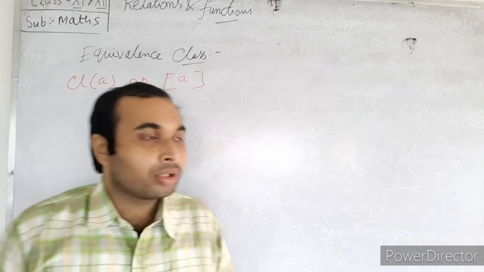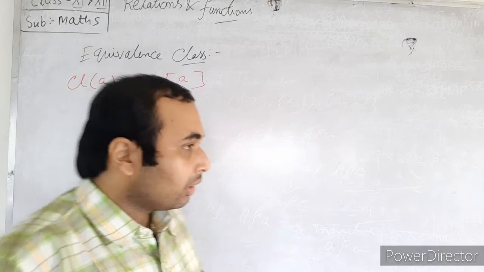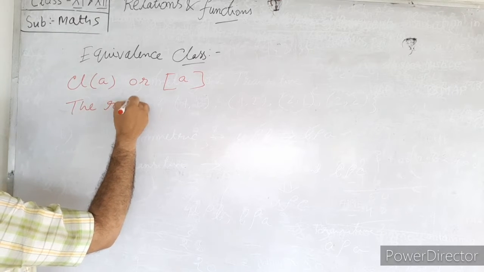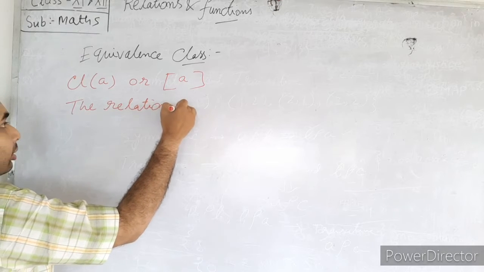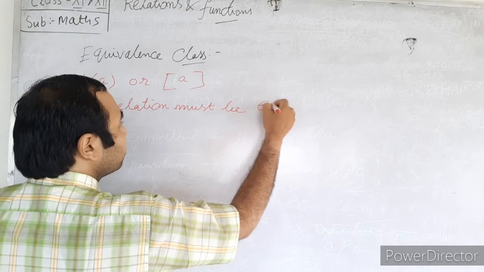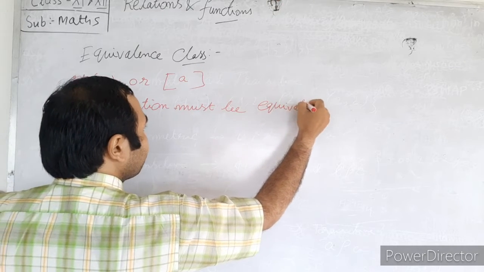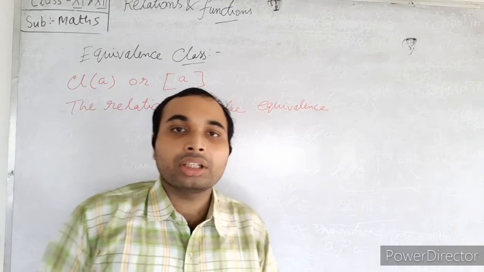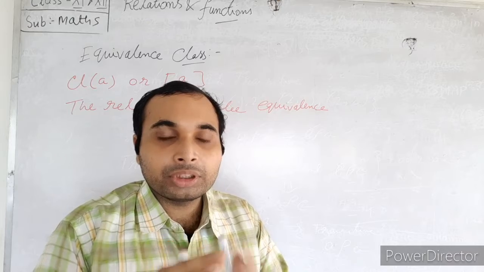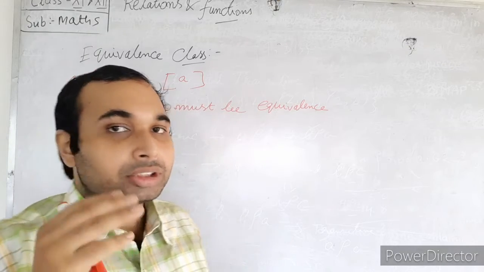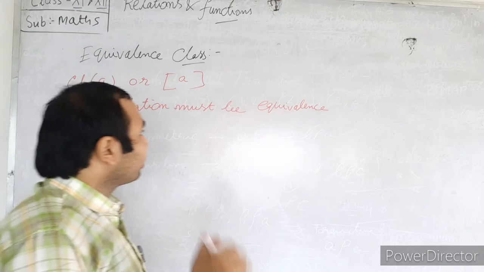Now, what is the equivalence class? First of all, the relation must be an equivalence relation. If an equivalence relation is not there, we cannot say that an equivalence class holds. That means reflexive, symmetric, transitive, all three relations should be taken.